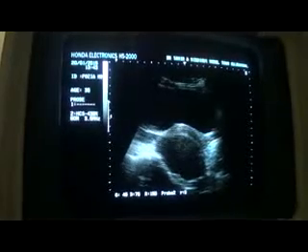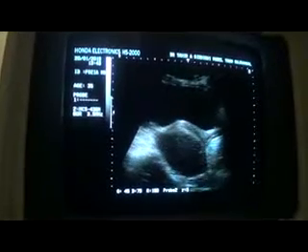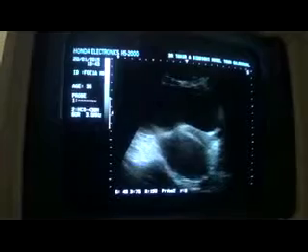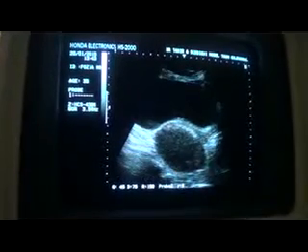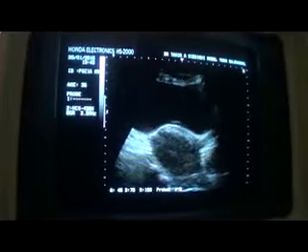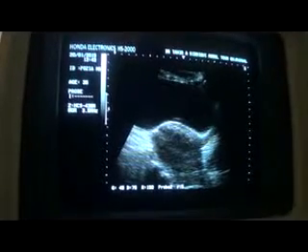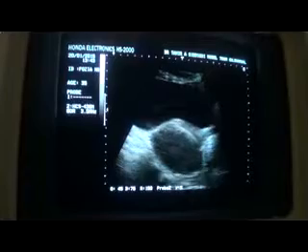So, having defined the uterus in this longitudinal section, when I move the probe slightly towards the left side of the patient, I get this fibroid or mass.